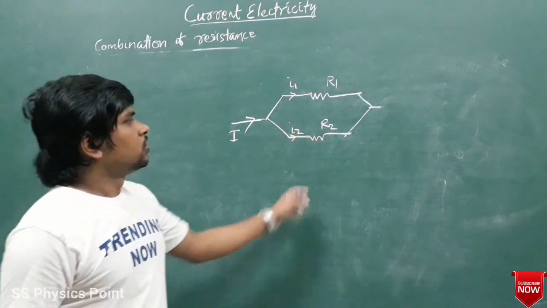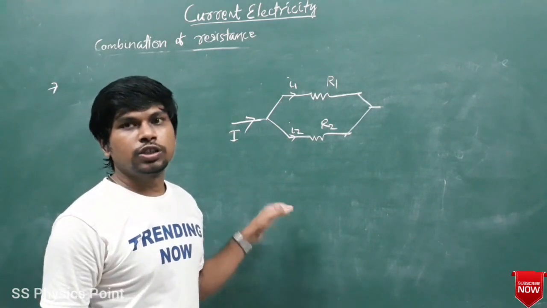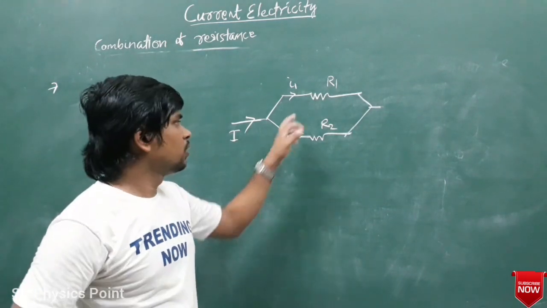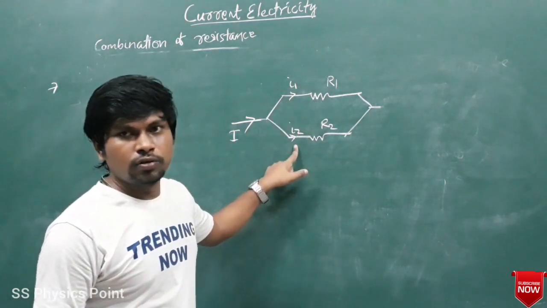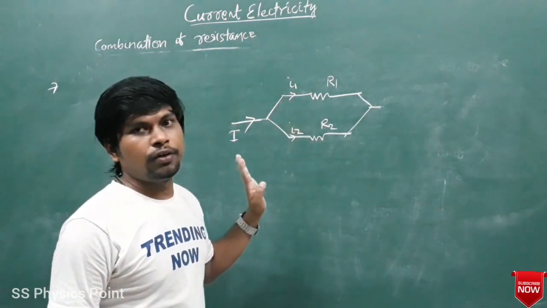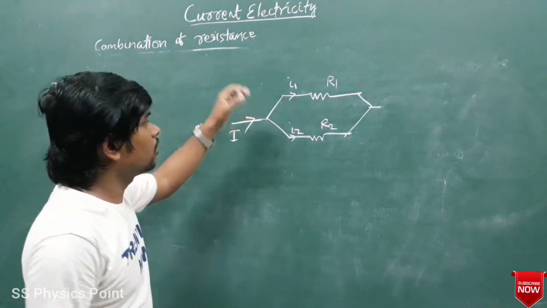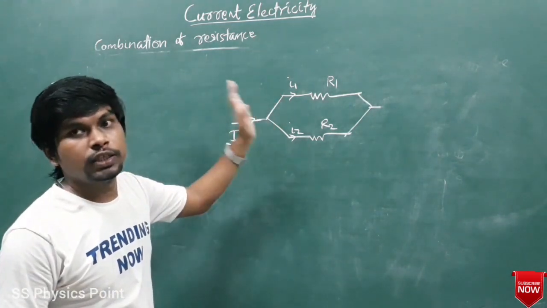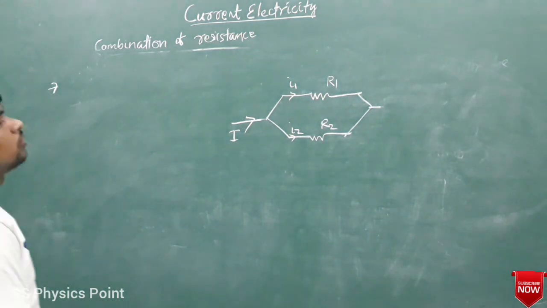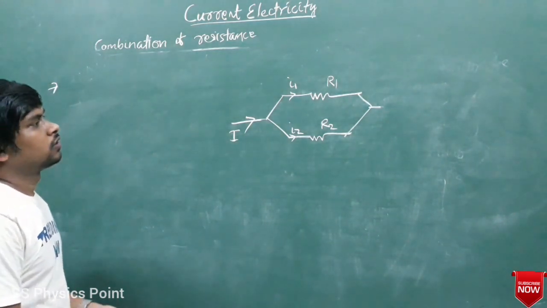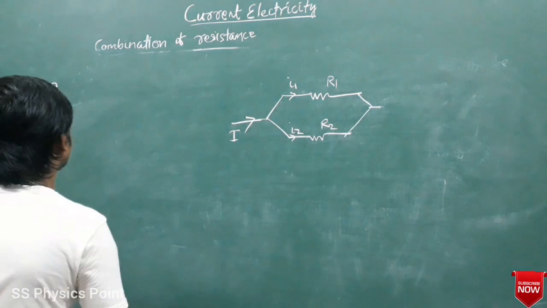Just do it. Pause the screen, try to do it yourself. कैलकुलेट I1 and I2. बहुत अच्छा सवाल है और इसमें बहुत सारे क्वेश्चन आसानी से आप कर सकते हो.